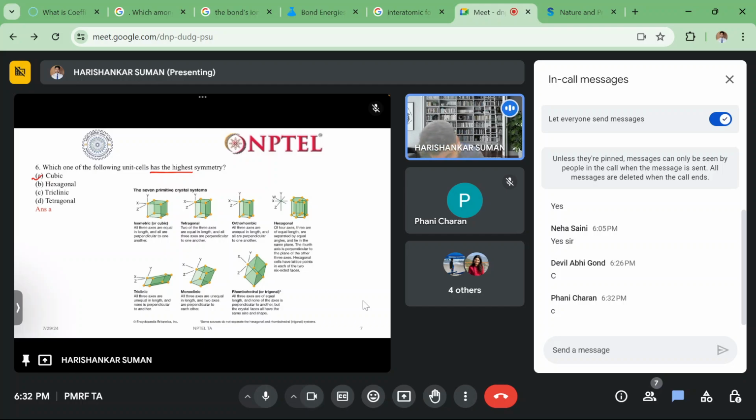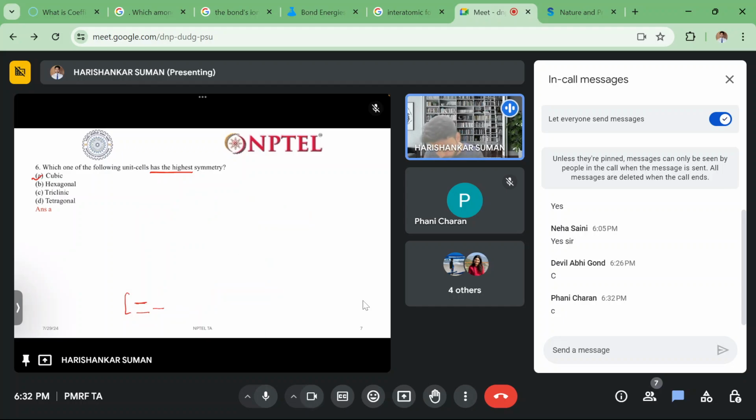So we can see in triclinic, please see all three axes are unequal, and none of the angles is perpendicular. None is perpendicular to another. Also we can go for that.